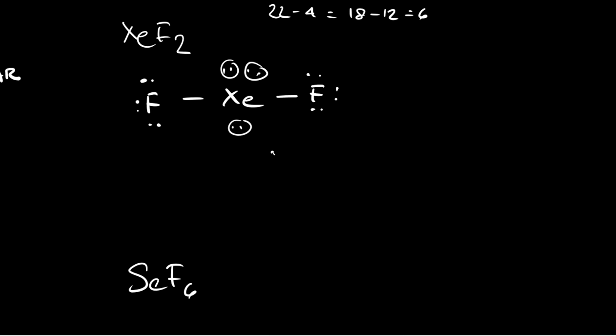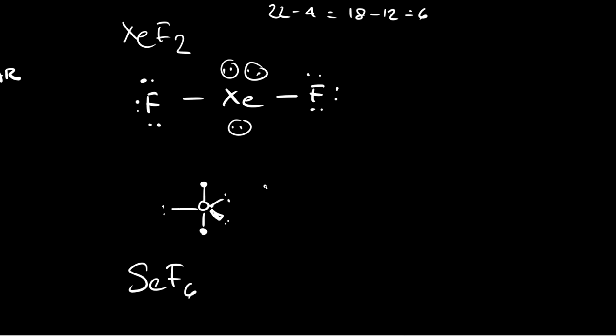Now if you refer to your VSEPR chart, you will see that the 5th row, last diagram, shows you the shape of the molecular geometry. I'm going to do a quick sketch. I think this is dashed, but I don't even care anymore.